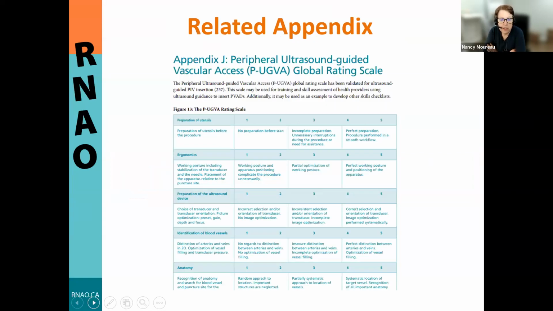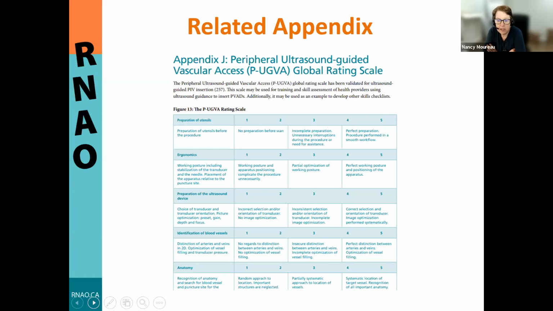Within this recommendation 2.1, there are related appendices. Each of these guidelines has expanded information, often provided in a practical form for best application in the appendices.